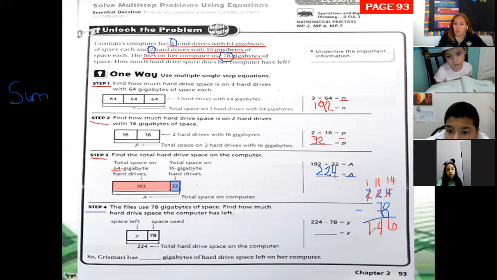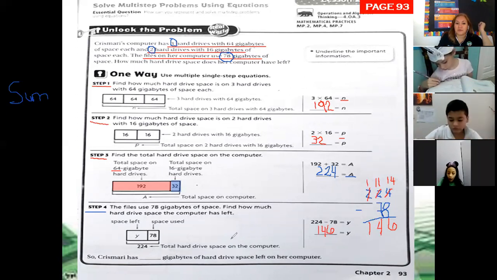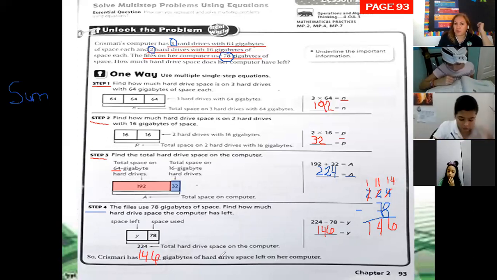And this is 1. So this other variable, which is y, equals 146. So Chris Mary has 146 gigabytes of hard drive space left on her computer.